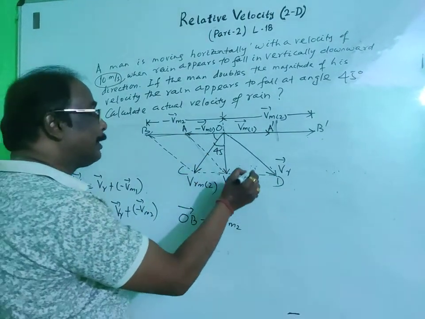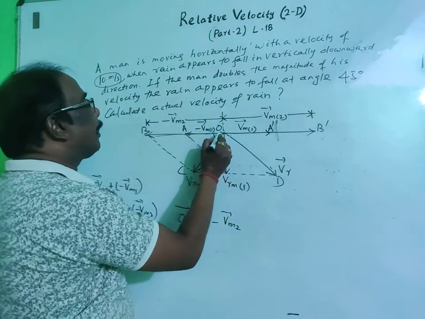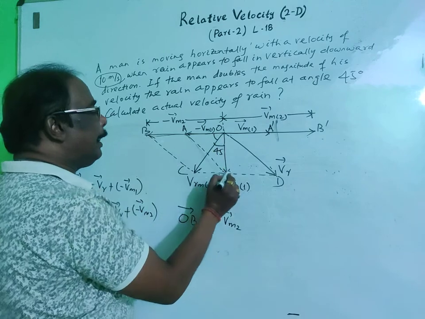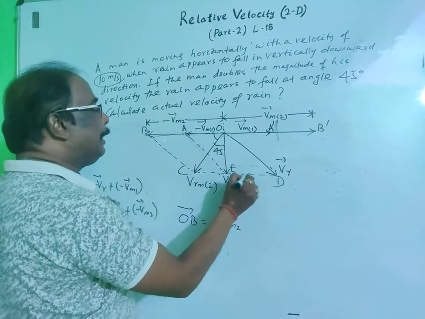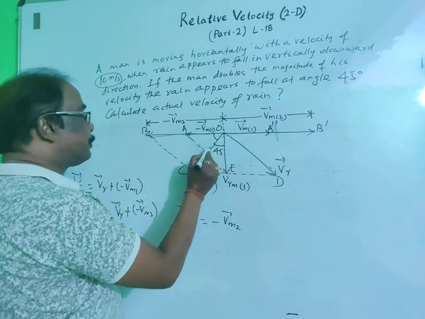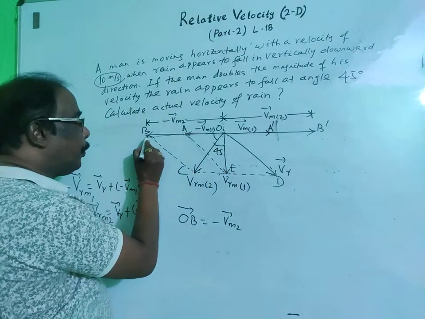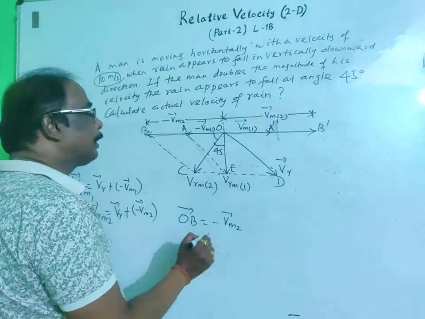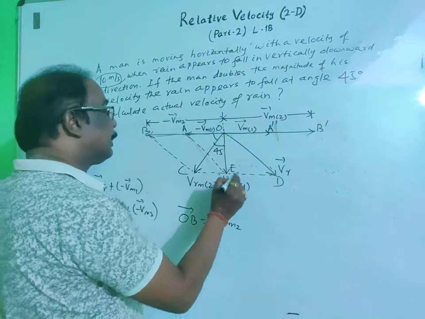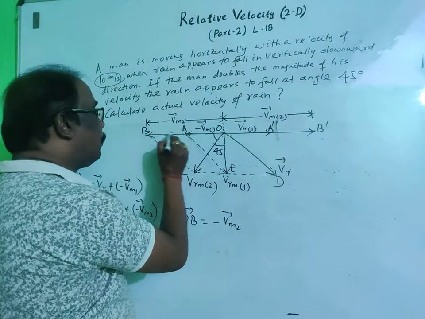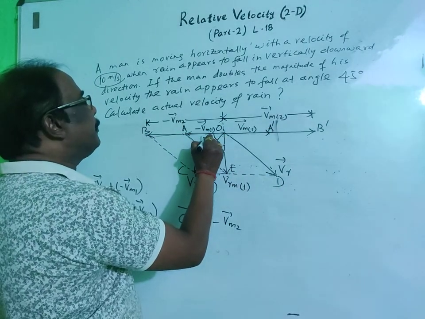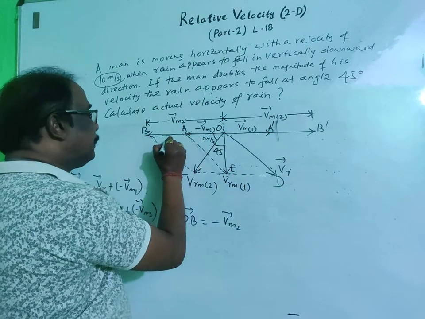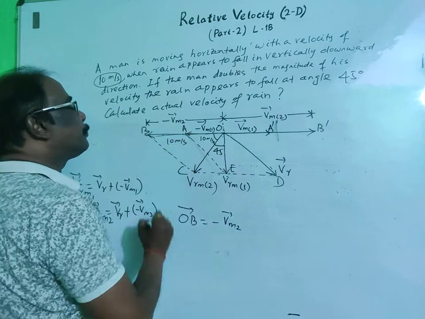Okay. If you name, this is C, this is D. Then for first case, the parallelogram is OA. Let's take this is E. OAED. For second case, the parallelogram is OBCD. See, this magnitude is 10 meter per second. This is double. This is also 10 meter per second.